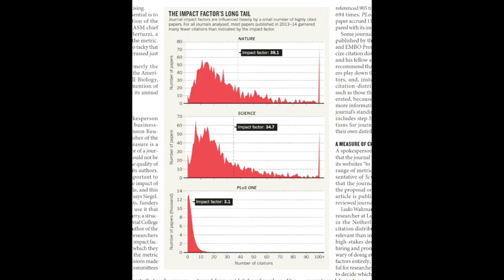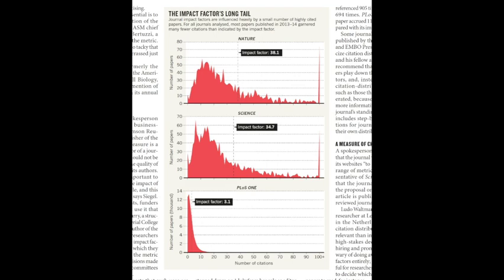And so what we can see in Nature is that there are a tiny number of papers that had more than 100 citations, and then there were a tiny number that has 0 citations, but a lot of them were in the range of 15 to 20. And a very similar distribution for Science. This dashed line is the average. This is the impact factor. And so a lot of the articles are getting a lot fewer citations than the average.